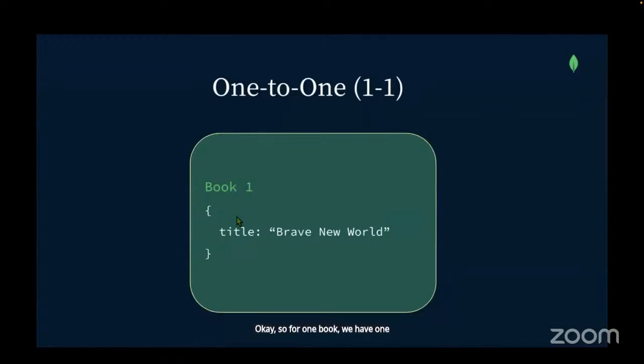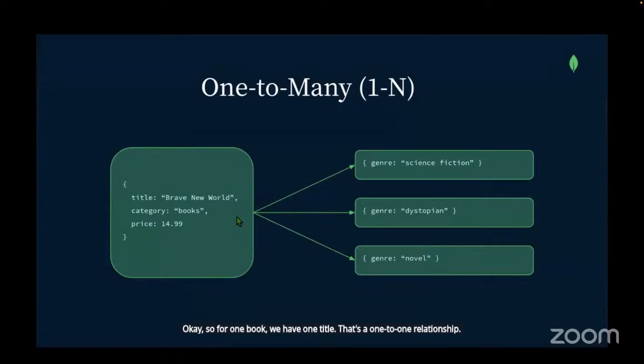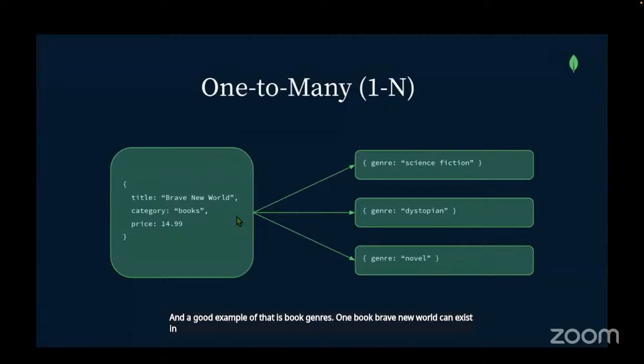That's a one-to-one relationship. There is another type, which is one-to-n or one-to-many. A good example of that is book genres. One book, Brave New World, can exist in many different genres. It can be science fiction, it can be dystopian, it can be a novel.